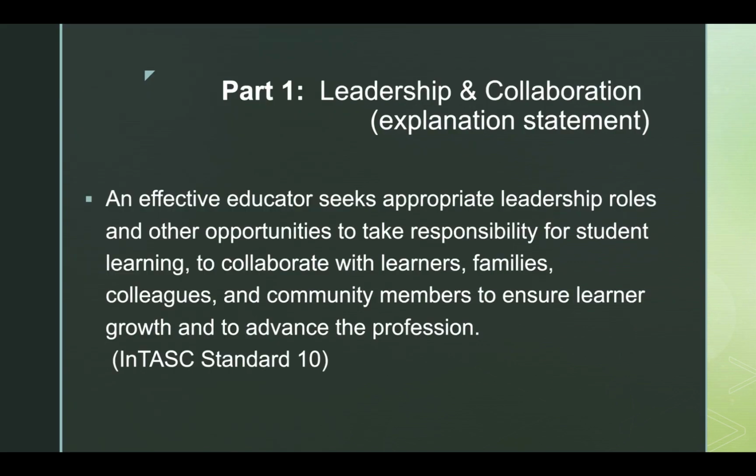So let's look at leadership and collaboration. Here is the explanation statement for leadership and collaboration. An effective educator seeks appropriate leadership roles and other opportunities to take responsibility for student learning, to collaborate with learners, families, colleagues, and community members to ensure learner growth and to advance the profession.